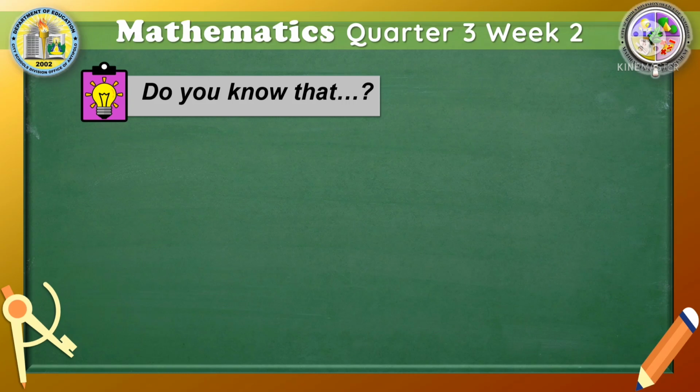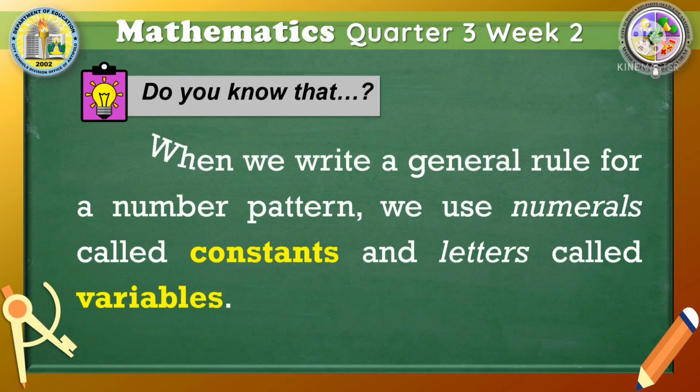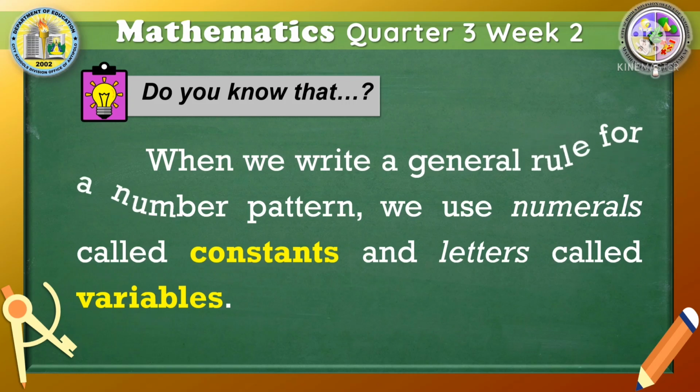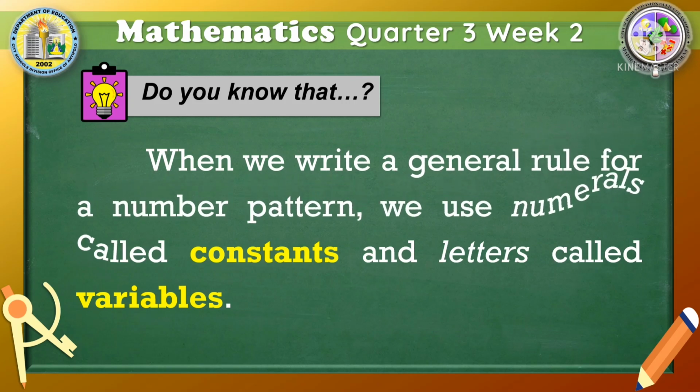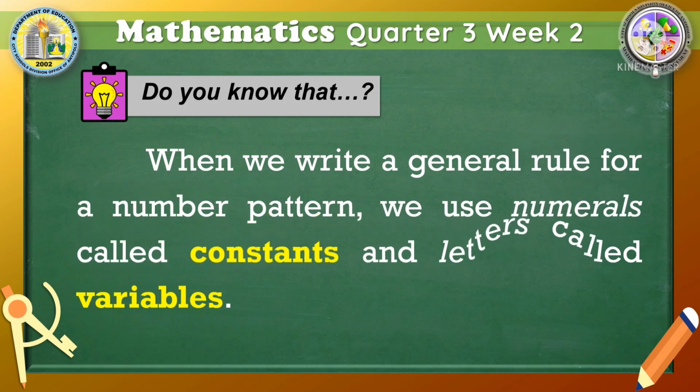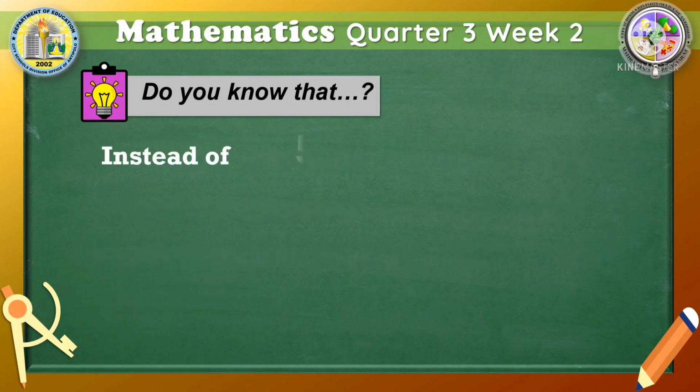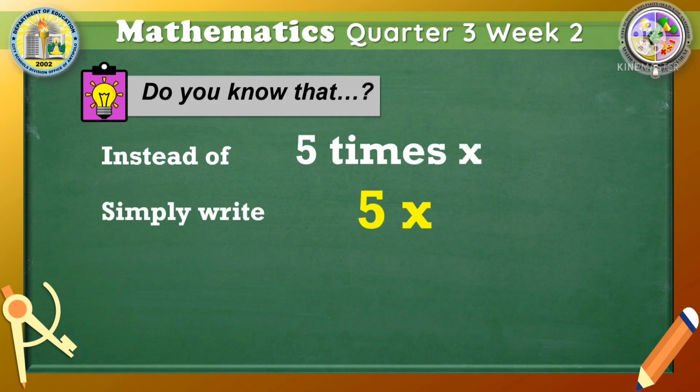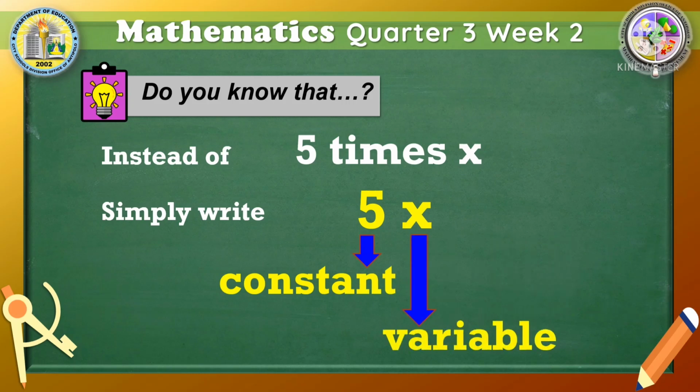Do you know that when we write a general rule for a number pattern, we use numerals called constants and letters called variables? Instead of writing 5 times x, we may simply write 5x. 5x is considered an expression. The numeral 5 is the constant, while the letter x is the variable.